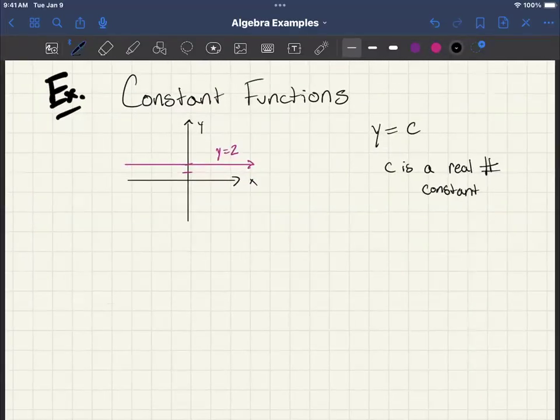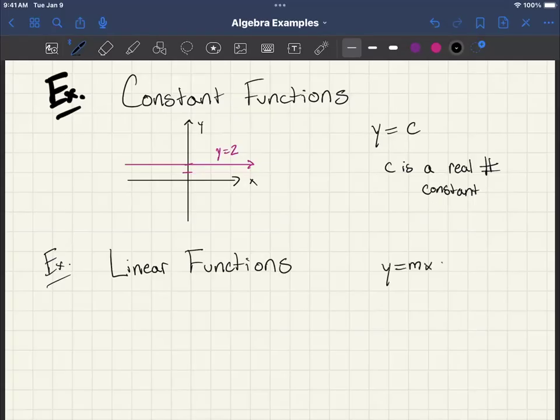All right, the next one that you are likely to see in an algebra course will be linear functions. These ones you will be spending a lot of your time working with. Linear functions have that form that a lot of us are familiar with. We see them before an algebra class sometimes, when you're in lower level math.